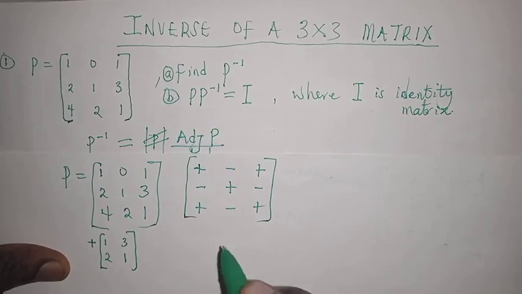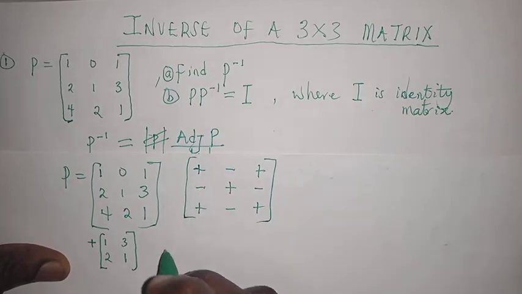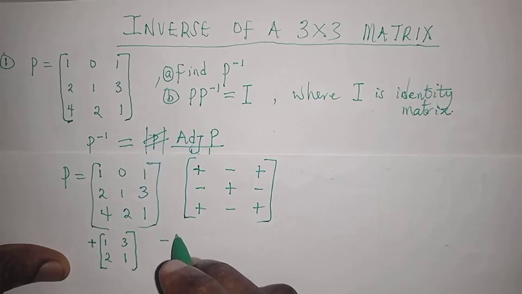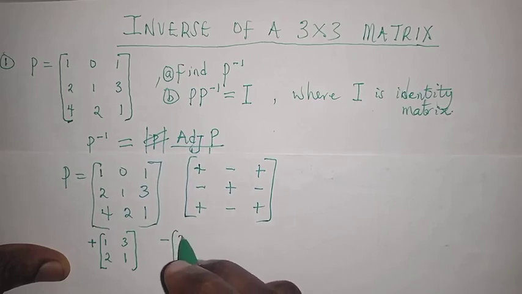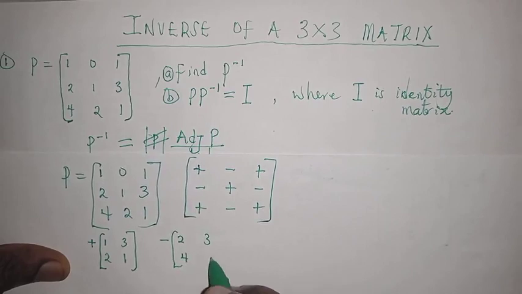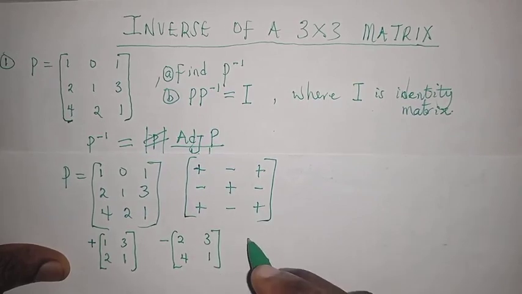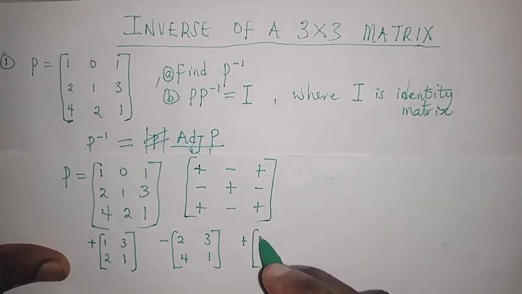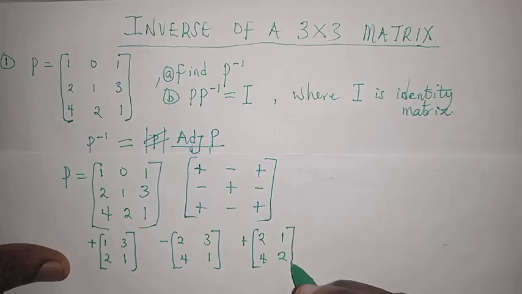For row 1, column 2, we have 2, 3, 4, 1. For row 1, column 3, we have plus 2, 1, 4, 2.